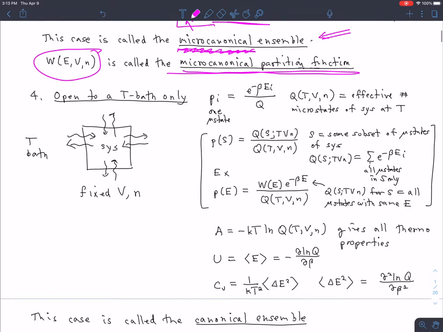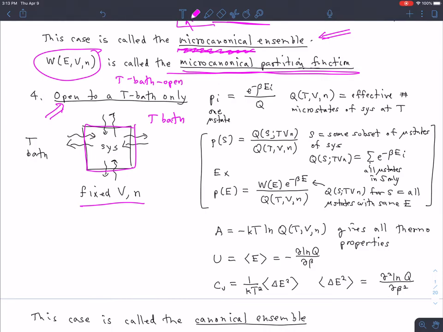Then we considered a situation where there's a system in contact with a T-bath, but that's the only way in which it's open to the surroundings. So it still has fixed volume and fixed mole numbers, and so we'll call that a T-bath open system.